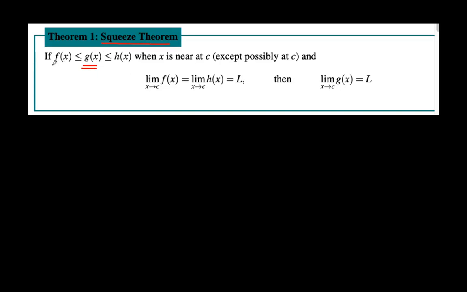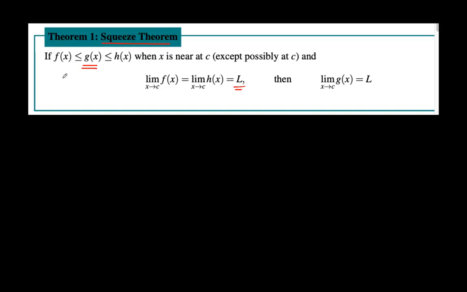And then if we get the limit of these two functions f and h, as long as their limits are equal, let's say L, then we can find the limit of the function g of x. And it turns out that the limit of g of x is also equal to L.